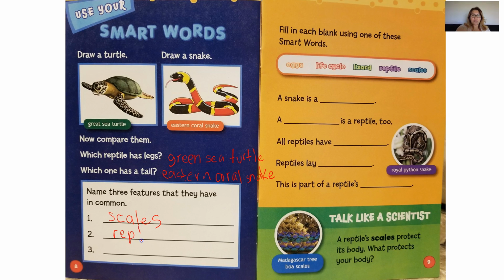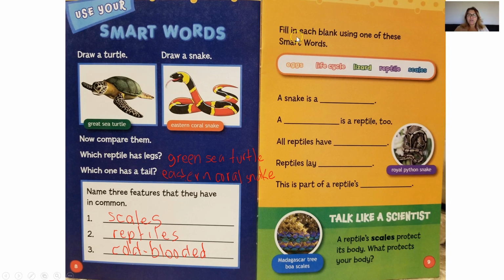Okay, they are both reptiles. Okay. What other feature do they both have? They have scales. They are both reptiles. And we could say that perhaps they are cold-blooded. Okay. And we could say that they also lay eggs.